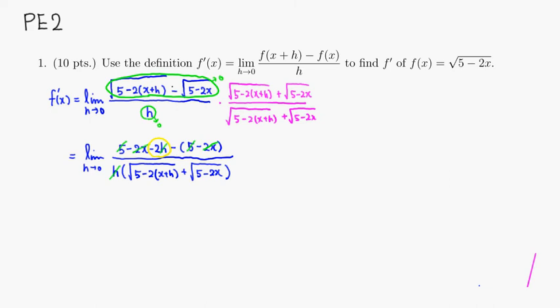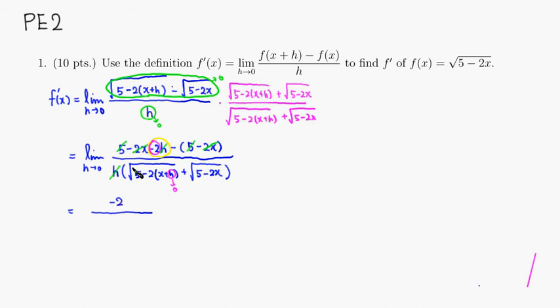What's left on top is just negative 2. Now h is going to 0, so this term goes to 0, and what you get on top is negative 2.